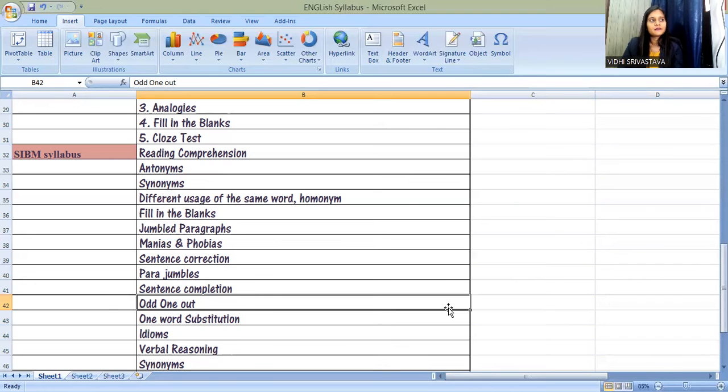Then there is one more thing: figures of speech, the literary devices used by the poet, and the rhythm of the poem. You should study these topics while preparing for poem RC.